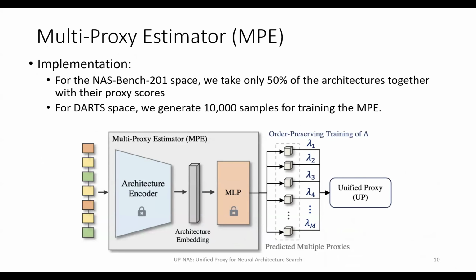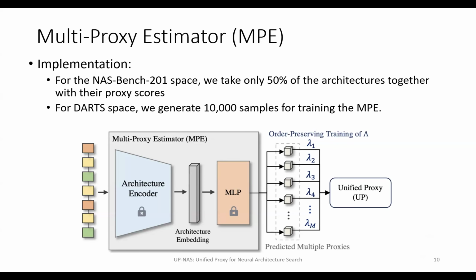In our implementation, for training the MPE, multi-proxy estimator, for the NAS-Bench-201 space, we take 50% of the architectures together with their zero cost proxy scores. For that space, we generate 10,000 samples for training the MPE.